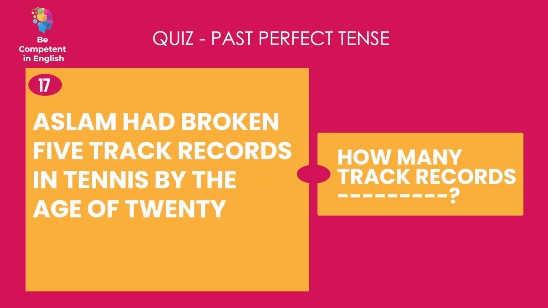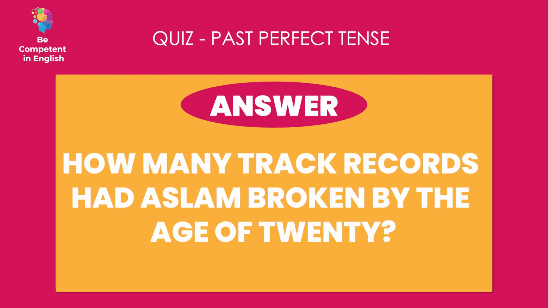Number 17. Aslam had broken 5 track records in tennis by the age of 20. Your question starts with how many track records? How many track records had Aslam broken by the age of 20?